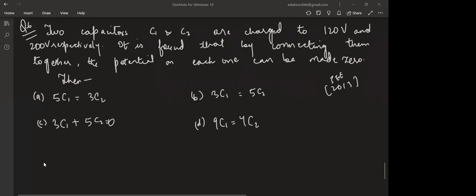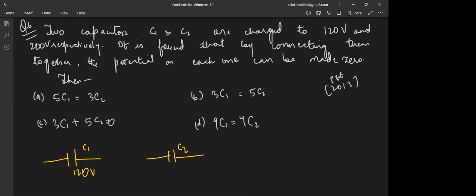If two capacitors are there, this is one capacitor C1 with 120 voltage, and this is another capacitor with 200 voltage. See, for potential to be made zero after connection, the charges of both have to be equal.